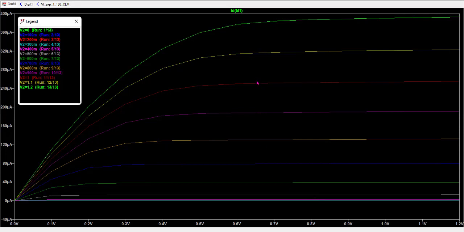So as we keep on increasing the value of VGS, the inversion layer will have more charges, and therefore the current will increase. But since we are also increasing VDS here, the increment of VDS will pinch off the channel. And once it pinches off the channel, the current can no longer increase, but the current is not 0. What will happen?